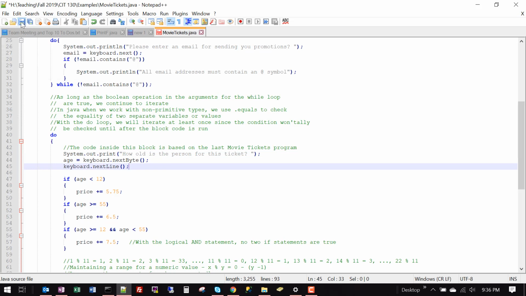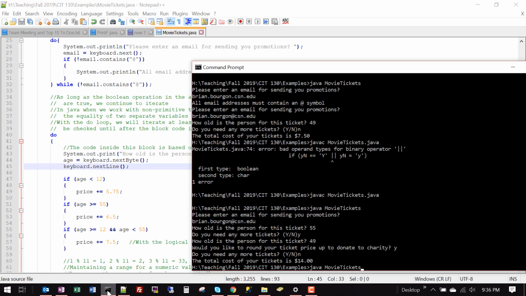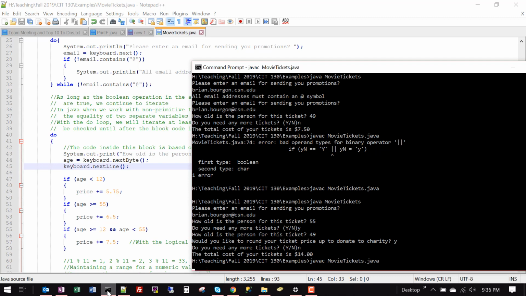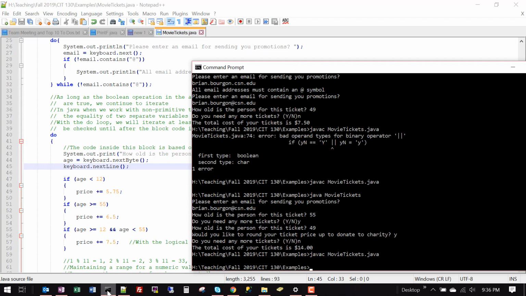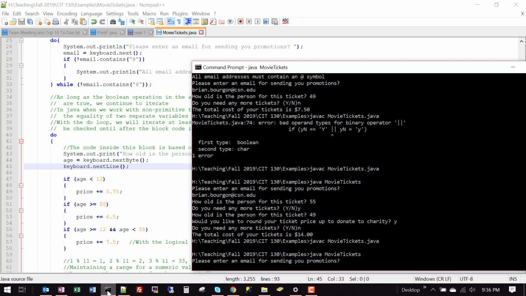That is automatic promotion of the value. If I just do nothing but that, change it from next int to next byte, we'll see the program doesn't change any.